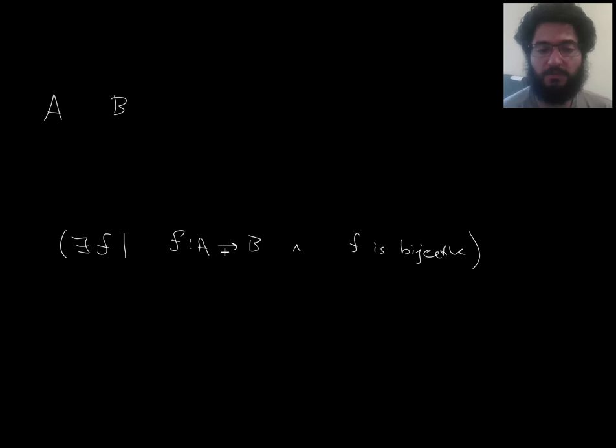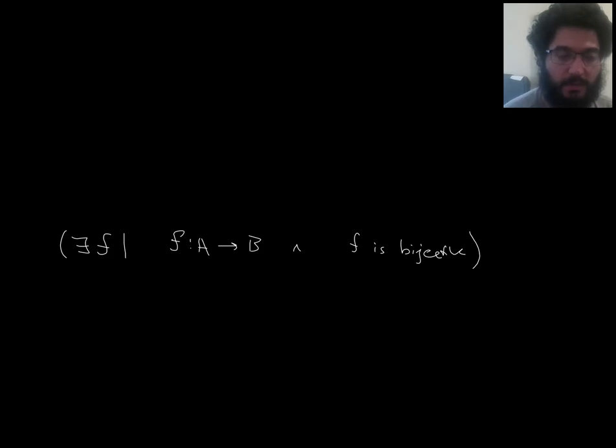The possibility of there being a bijection, the existence, that seems to be an important relationship between two sets A and B. It tells you something about somehow the number of elements, whatever that means. So we're going to make this a definition. We'll say A wiggly equals B if and only if this is true.